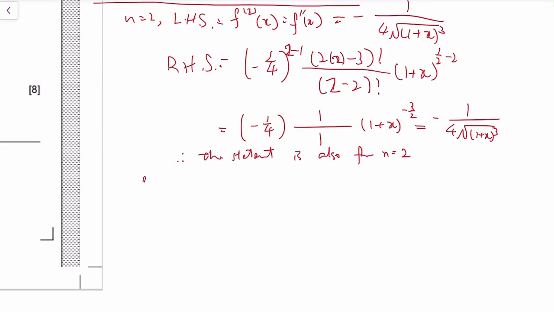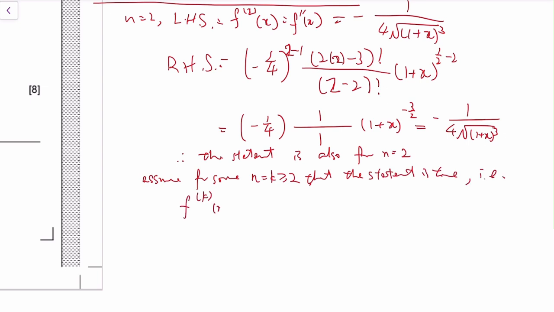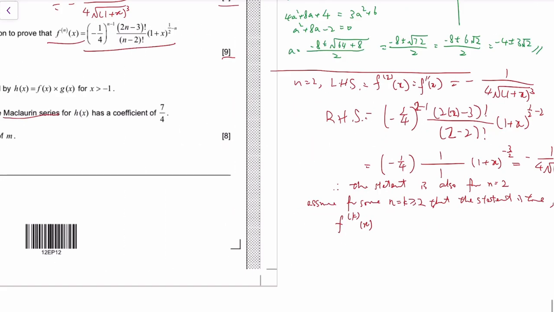Then assume for some n equal to k bigger than or equal to 2 that the statement is true. That is, if you take the kth derivative, it will be what the formula says.